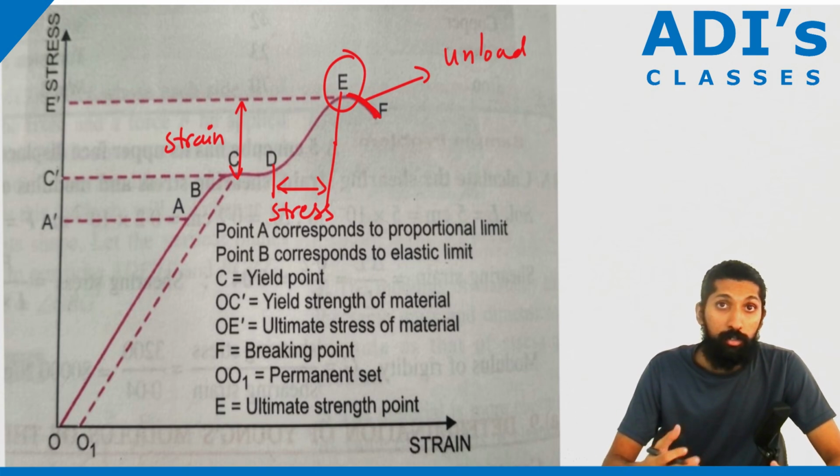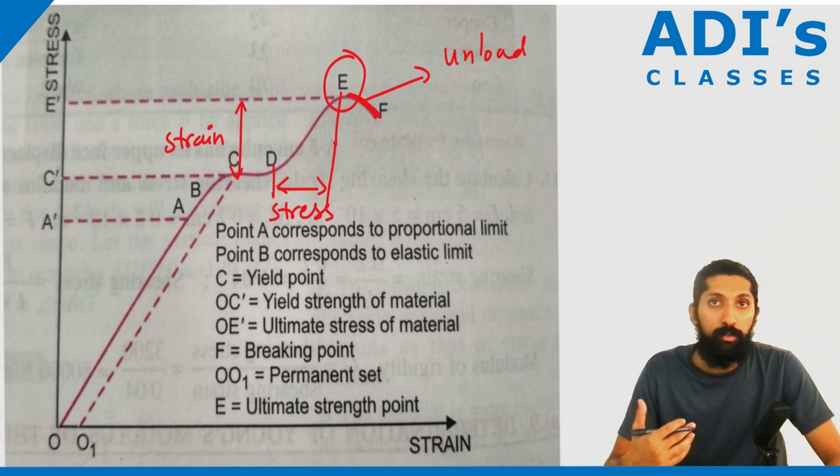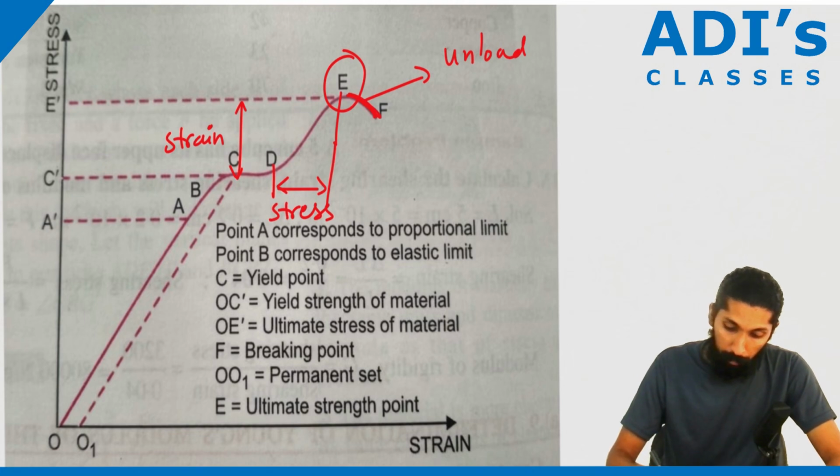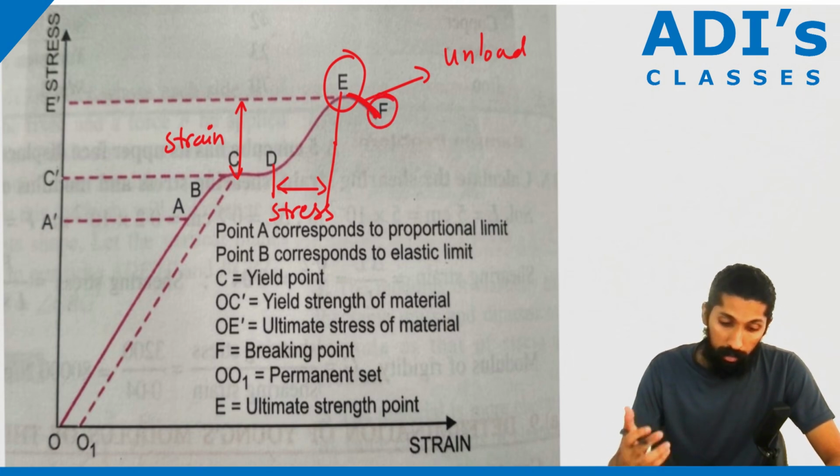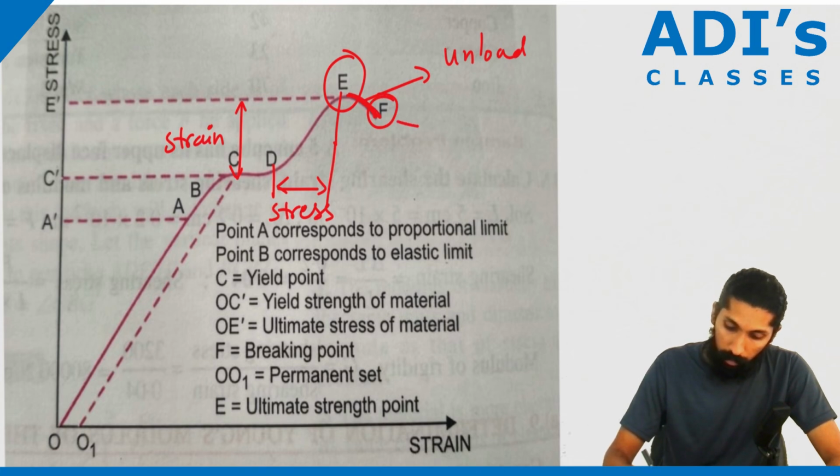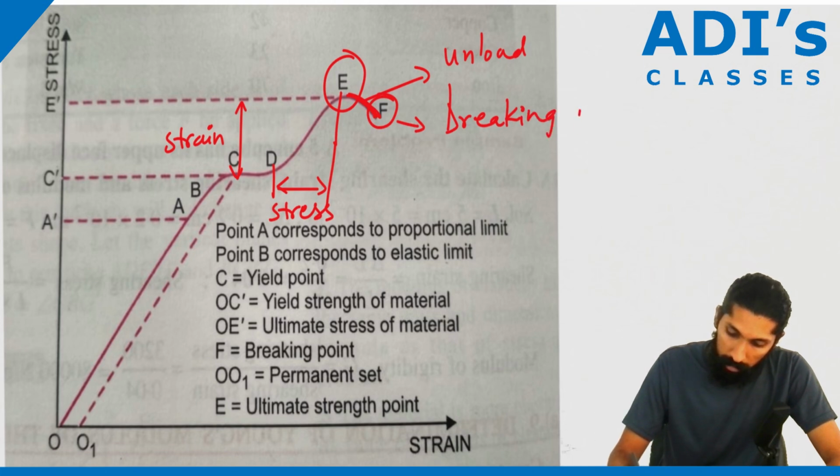There's a lot of strain and stress on the body. It is going to start expanding. It expands so much that at point F, it can no longer hold it. So point F is what we call the breaking point. This is called the breaking point.